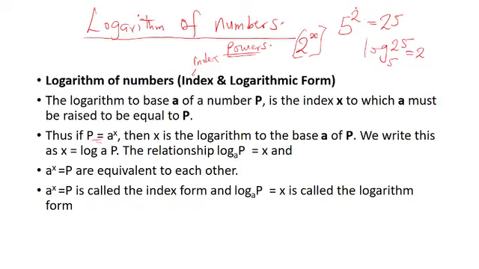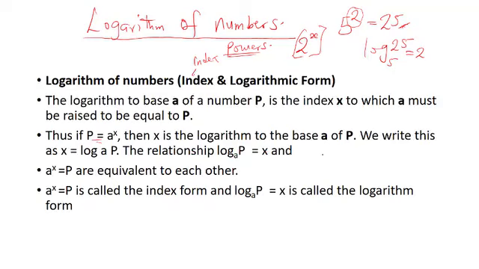So the power, or you call it the index here, serves as the solution to the logarithm, while the standing term serves as the log number, and the number that serves as the lower term raising the power serves as the base of our logarithms. The relationship log a p is equal to x, and a to the power x equals p, are equivalent to each other.